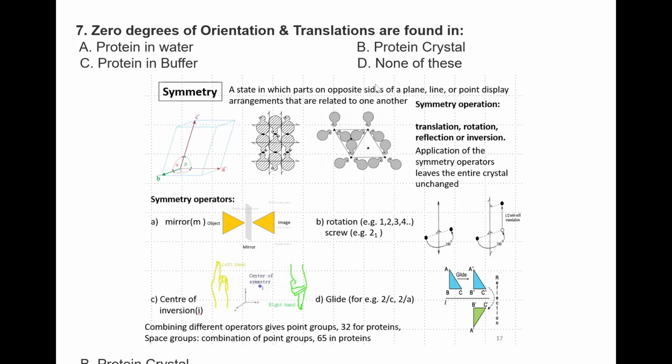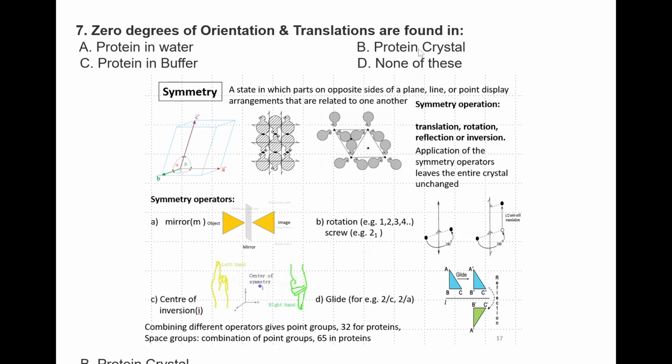So it is telling you that 0 degrees of orientation and translations are found in. Okay, so 0 degrees of orientation: protein in the crystal. If you see, this is the unit cell which is actually translating. But when the protein is in buffer water, it has all these translations and orientations present because of entropy. The water and buffer are also the same case.